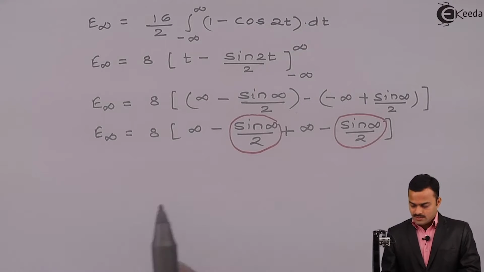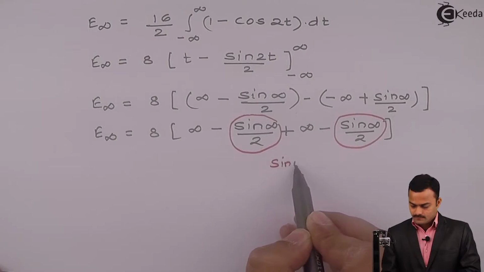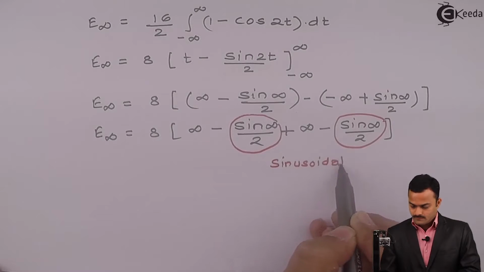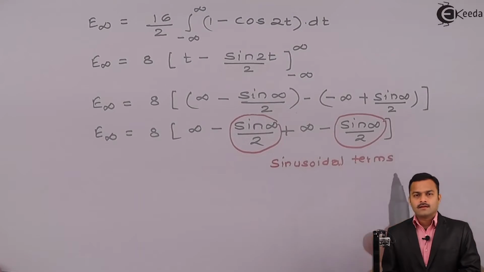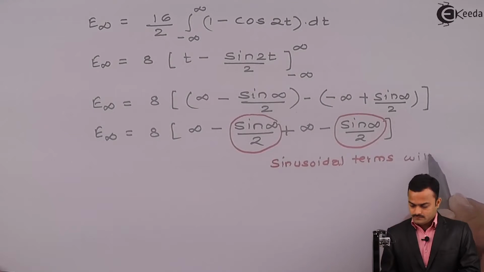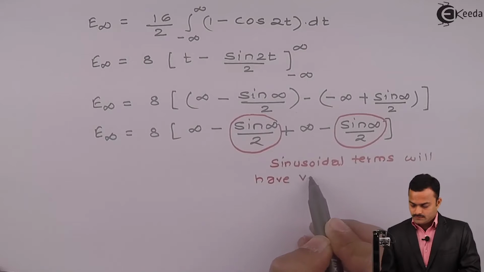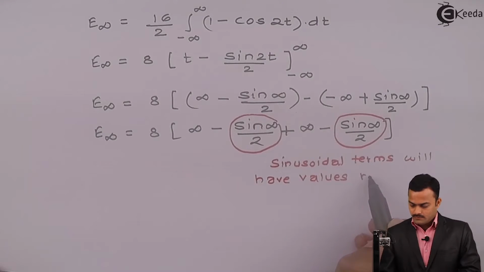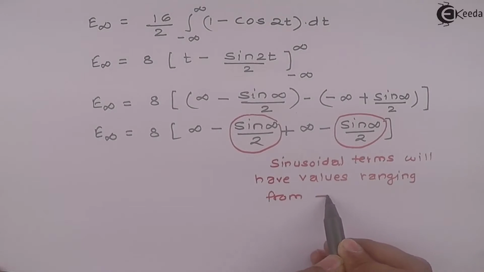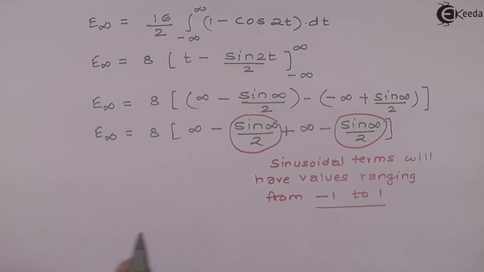Why? Because sinusoidal terms will have values ranging from -1 to 1. What is the meaning of this? Any sinusoidal term or sine of any angle will always have a minimum value of -1 and a maximum value of 1.